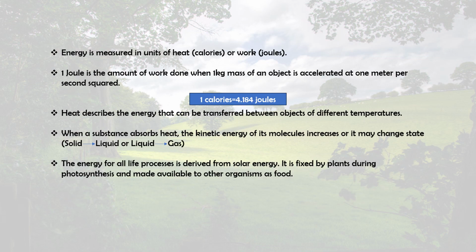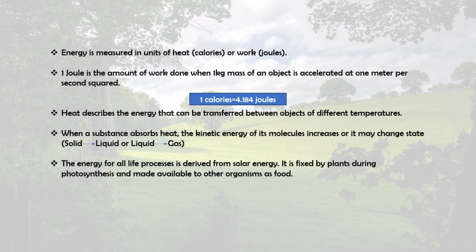Now, energy is measured in units of heat, that is calories, or work in joules. And 1 joule is the amount of work done when we carry 1 kg mass of an object through an acceleration of 1 meter per second square.